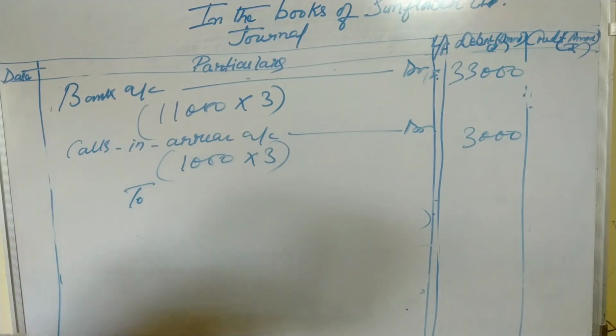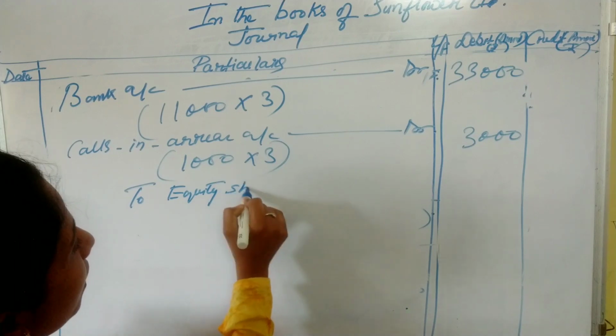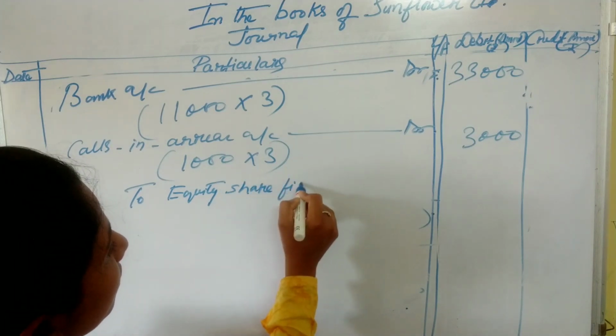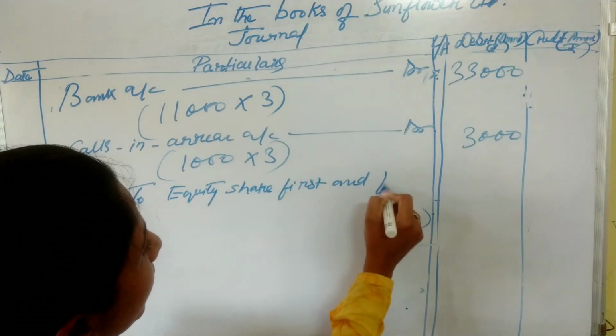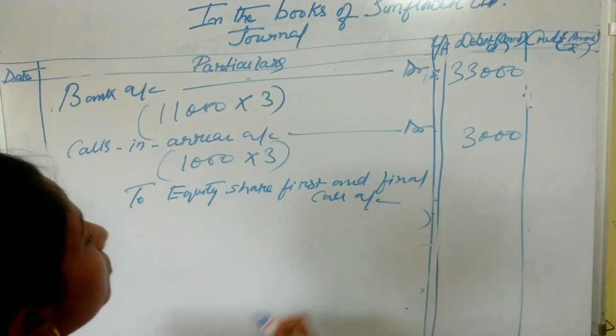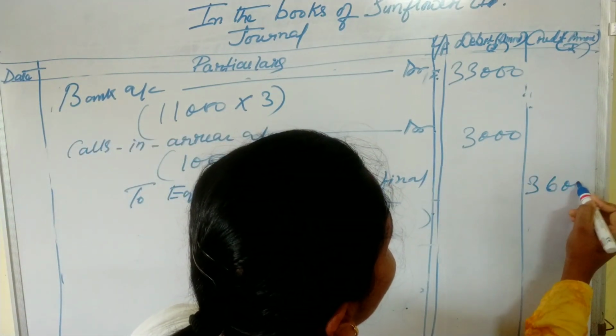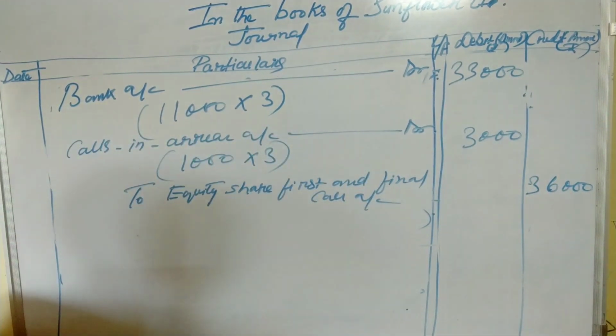To equity share first and final call account, so here will be 36,000. See the entry.